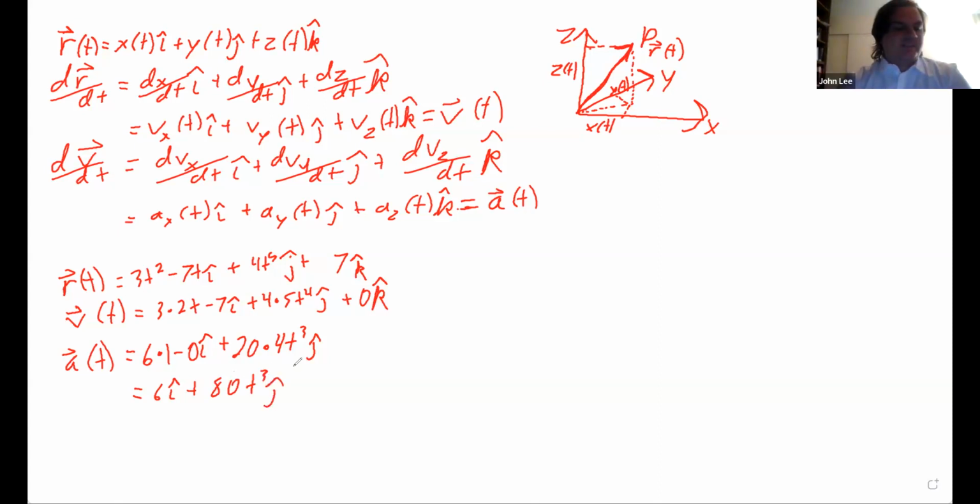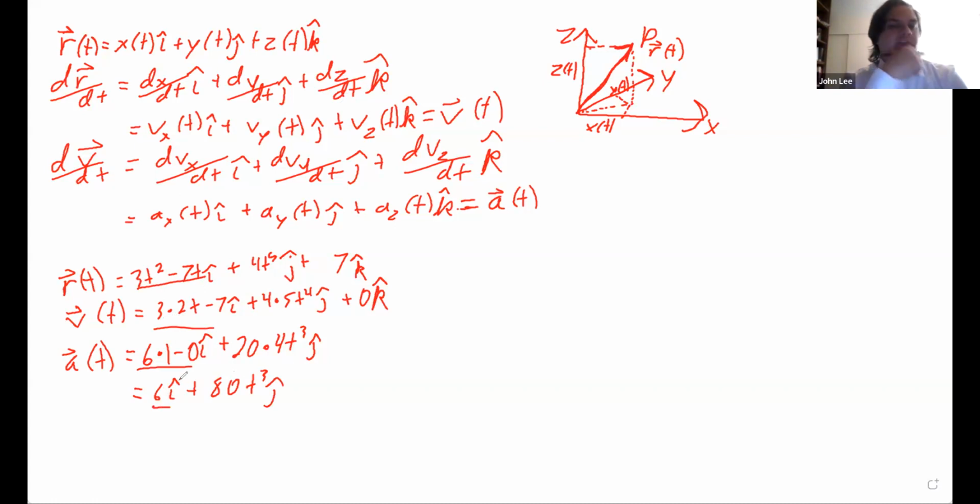So, like I said, this is just doing basic derivatives, except instead of treating everything as one-dimensional, you go according to each direction first.